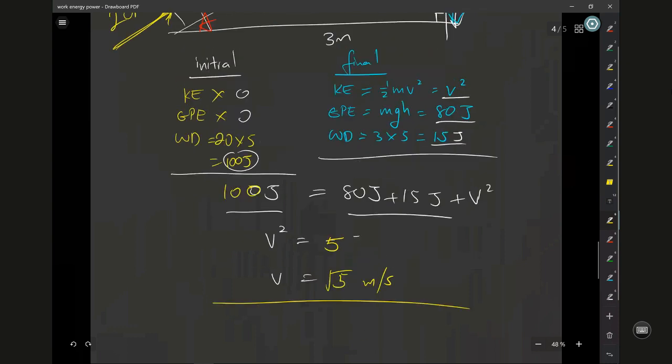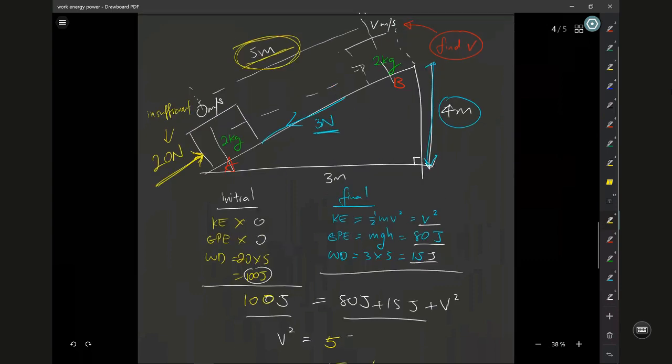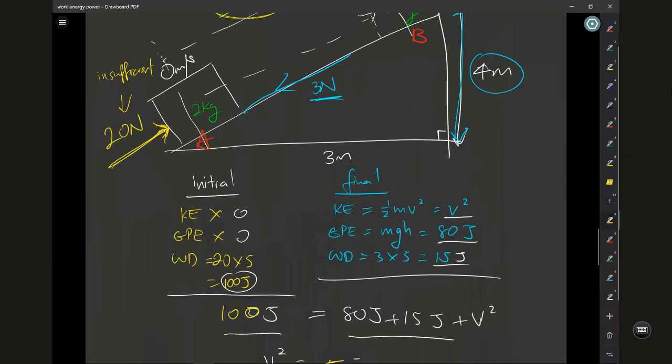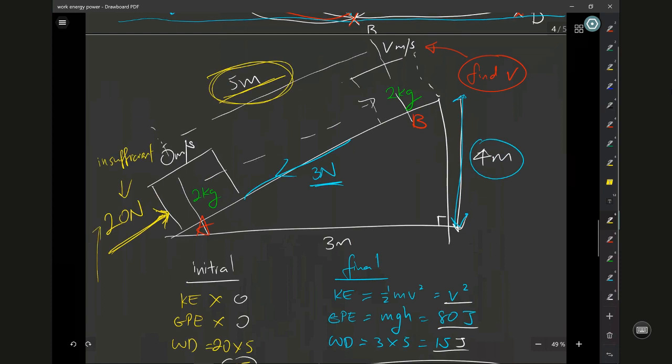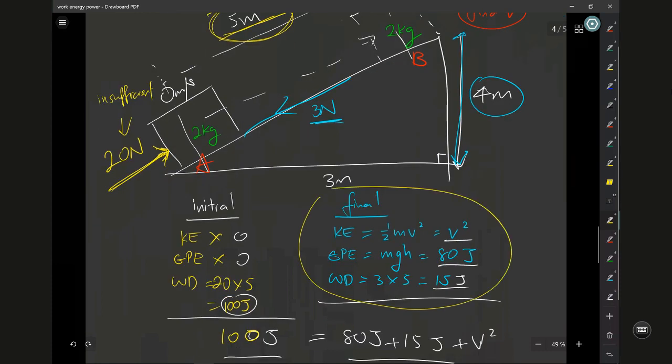Okay, so if you have attempted the question and got some error, that is good. Because the initial question has this at 10 Newton and it was insufficient to produce such an outcome. So you should have some error. You shouldn't be able to find the value of v.